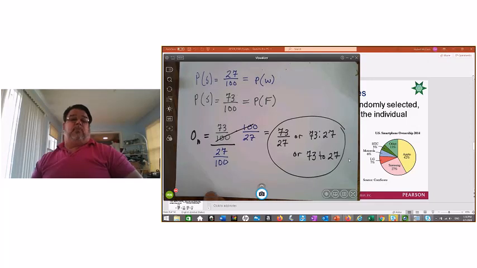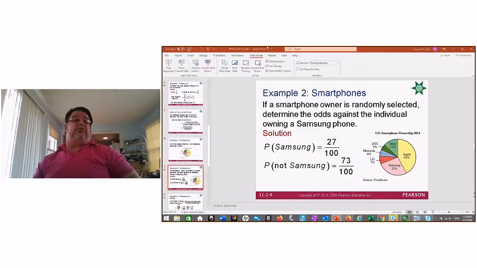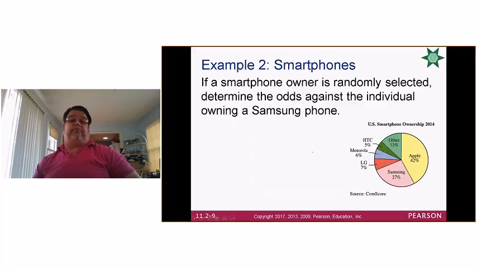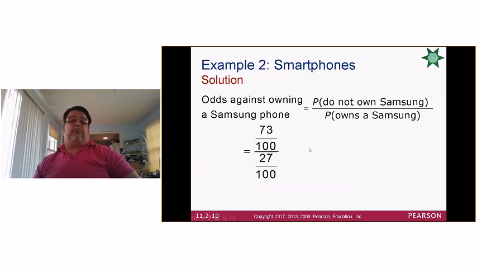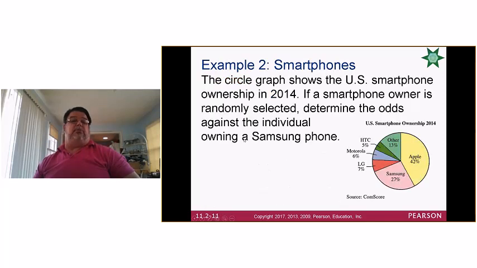So let's look and see what they got. Let's go to the next slide. 73 to 27. All right, let's call it a day. The next thing we're going to be doing, let's see what's left.